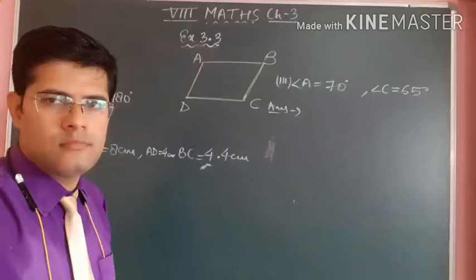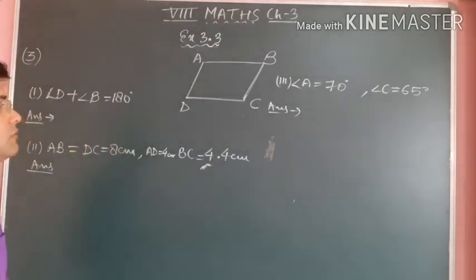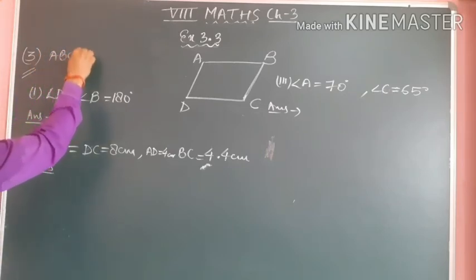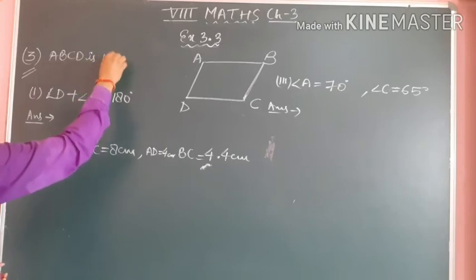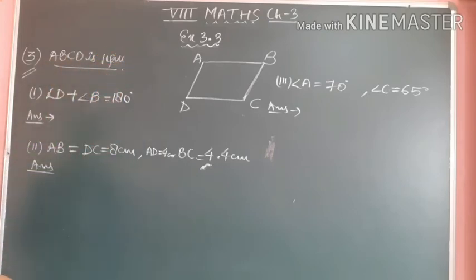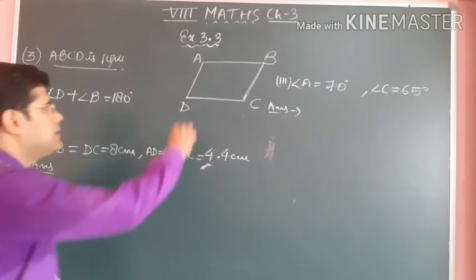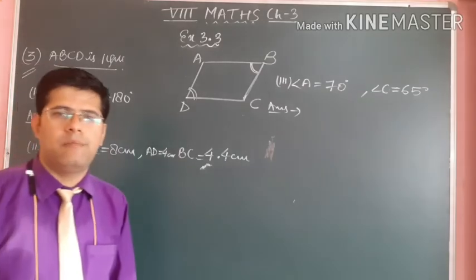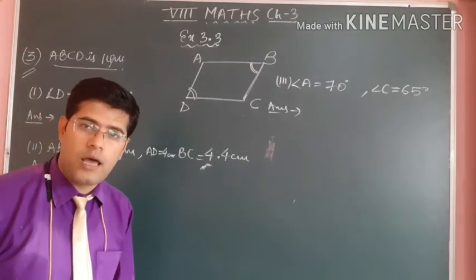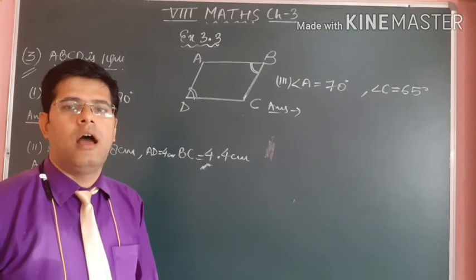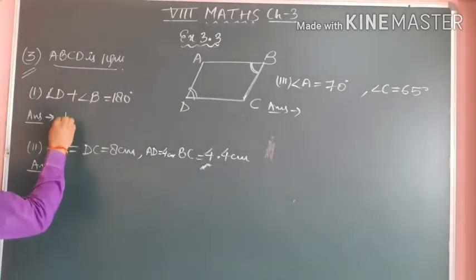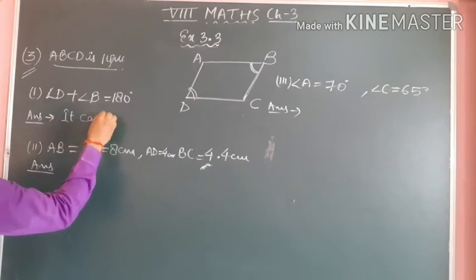Okay students, now in the third part of the question, whatever is given: ABCD is a parallelogram. Where the word parallelogram is used, you have to remember all the properties of a parallelogram. Here the sum of angle D and angle B is 180. Can it be possible? Yes, it can be possible in a square and a rectangle, and both are parallelograms.